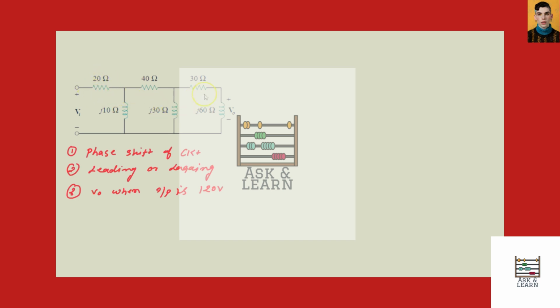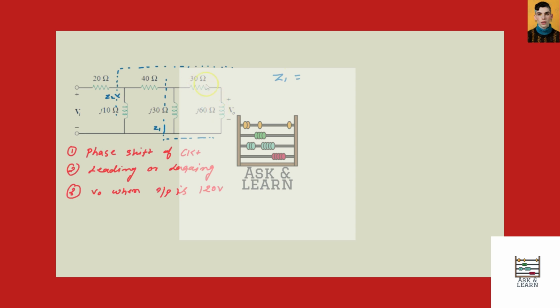So first we calculate from this side, right? So just remember that the impedance from this side is assumed Z1, and the total impedance looking from here is Z2. Fine. So first we calculate Z1.